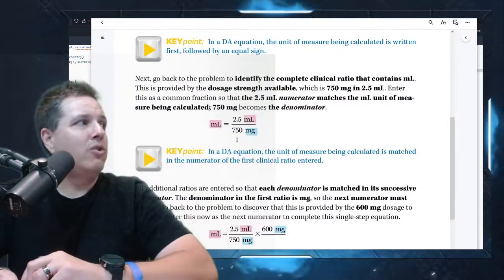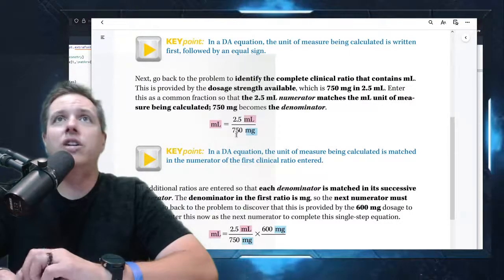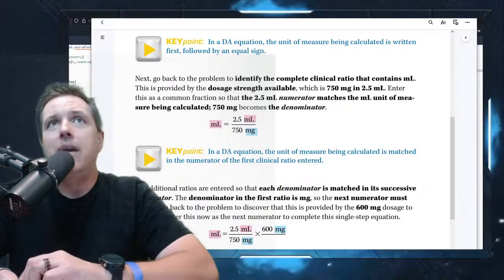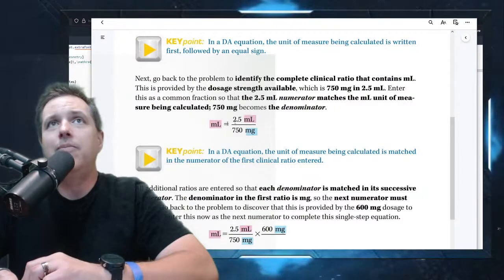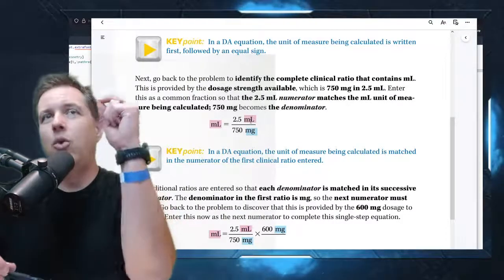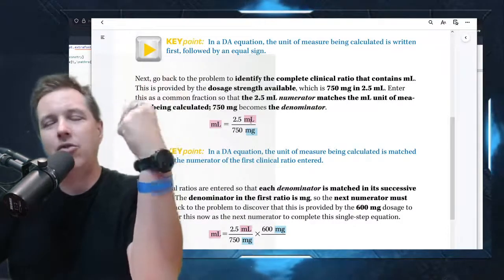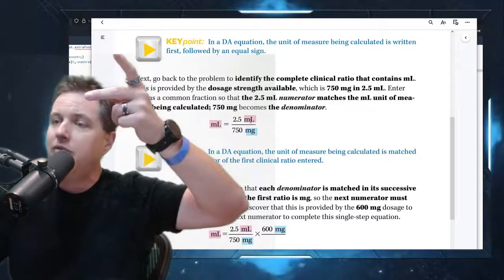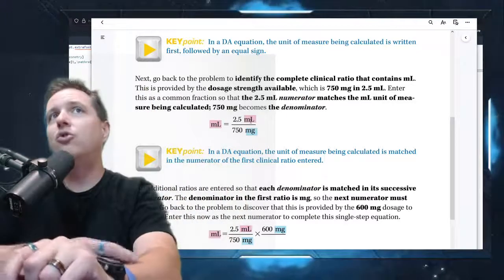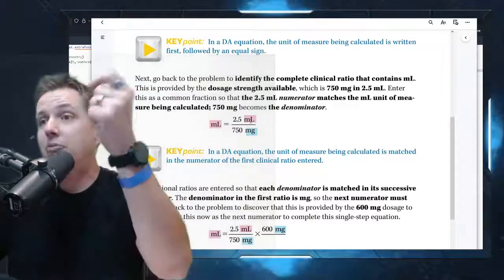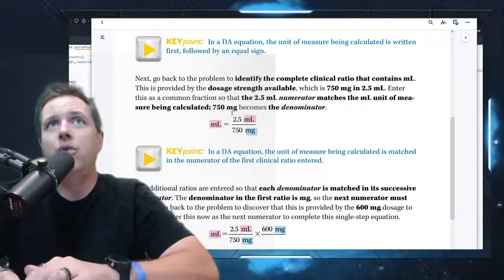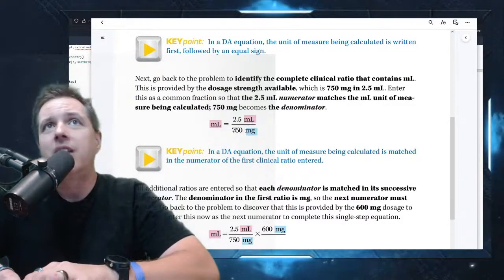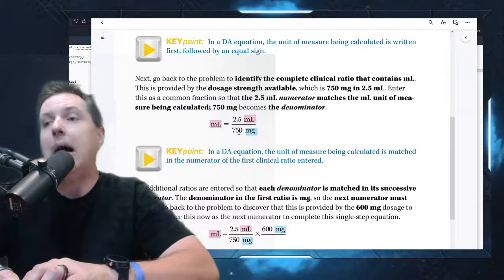So now you're going to write this fraction over here in terms of making sure that the milliliters line up. If we wanted milliliters here, then milliliters should go on top. Now I know that's kind of weird because we're used to writing things as 750 milligrams per 2.5 milliliters. But it's okay to flip that fraction upside down because those two amounts are in the same ratio. So we're going to write it where we have 2.5 milliliters on top and 750 milligrams on the bottom.